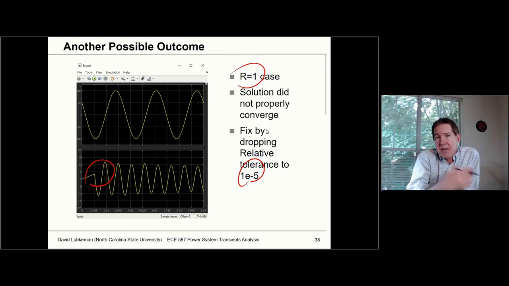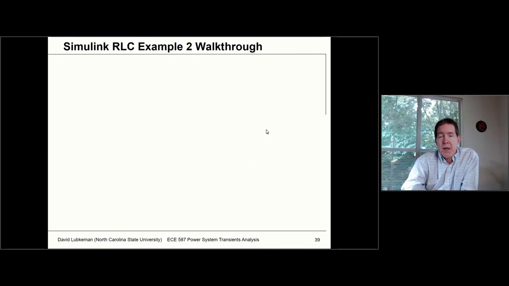So it's kind of caveat emptor: it's up to you to make sure you're setting time steps and using the integration algorithms needed to get the solution to your set of equations. All right, so I'm going to stop here, and in the third segment I'll do a walkthrough of how we would set this up and run this in Simulink.